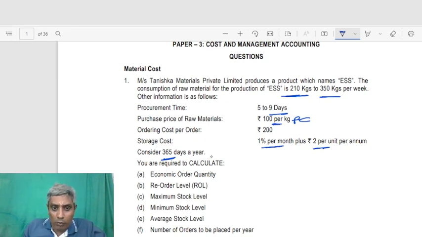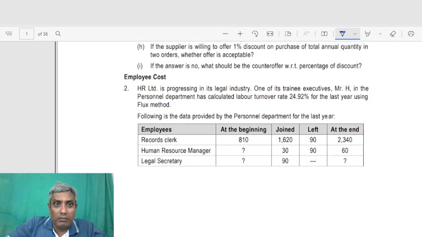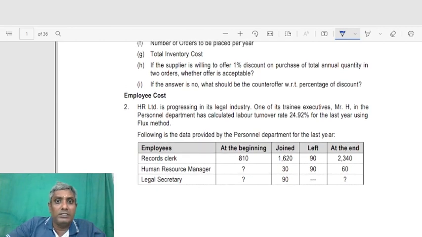Now, EOQ, ROL, maximum, minimum, average, number of orders to be placed, total inventory cost. These are all the minimum things which they ask. Further, they are asking now what? The H part, which is more important: if the supplier is willing to provide 1% discount, whether you will accept the order.